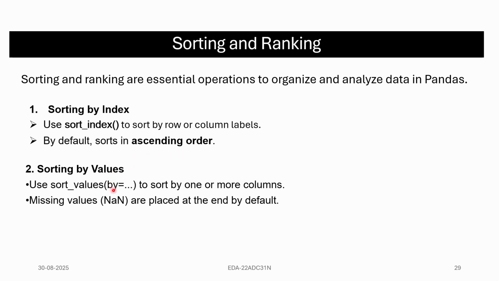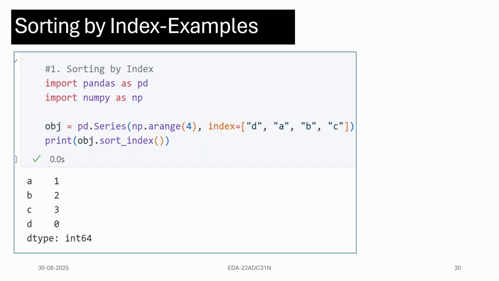There is another way of sorting the elements, which is sorting by values, wherein you can sort the elements by using the corresponding row or column, and the corresponding method is sort_values. If you don't mention any specific position for NaN, the NaN values are going to be placed at the end by default. Let us see using an example.